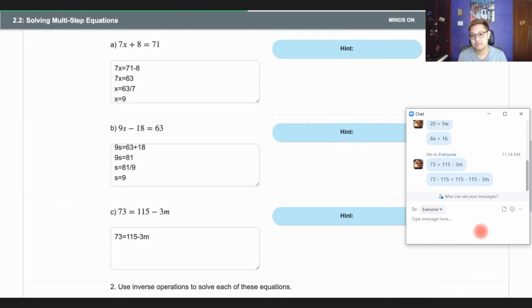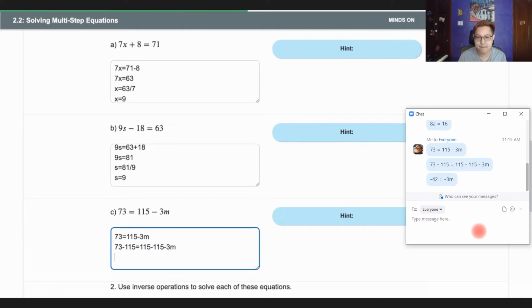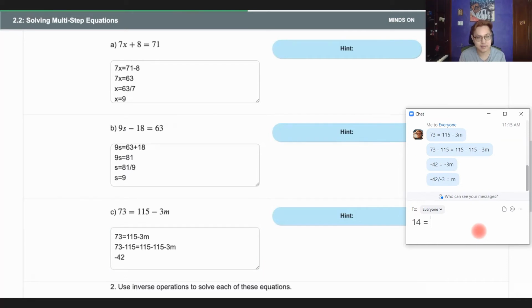So basically, you should arrive at minus 42 equal to minus 3m. Then minus 42 divided by minus 3 equal to m, and you should have 14 equal to m.